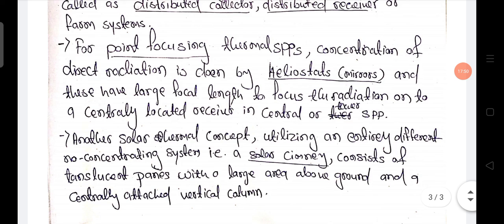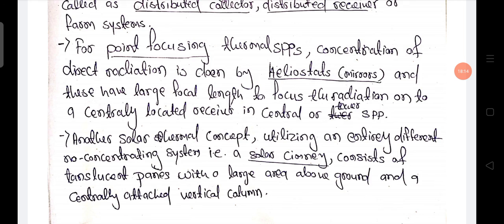Another solar thermal concept utilizes an entirely different non-concentrating system: a solar chimney, which consists of a translucent plane with a large area above the ground and a centrally attached vertical column. Okay, we can also use a solar chimney.